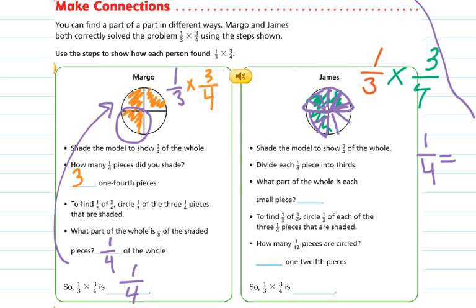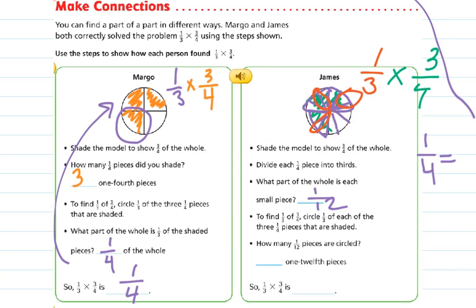So it says, what is the part of the whole that each small piece represents? Well, that would be 1/12, because there are 12 pieces here. It says to find 1/3 of 3/4, circle 1/3 of each of the 3/4 pieces. So if we circle 1/3 of each piece, we circle 1/3, 2/3, 3/3.